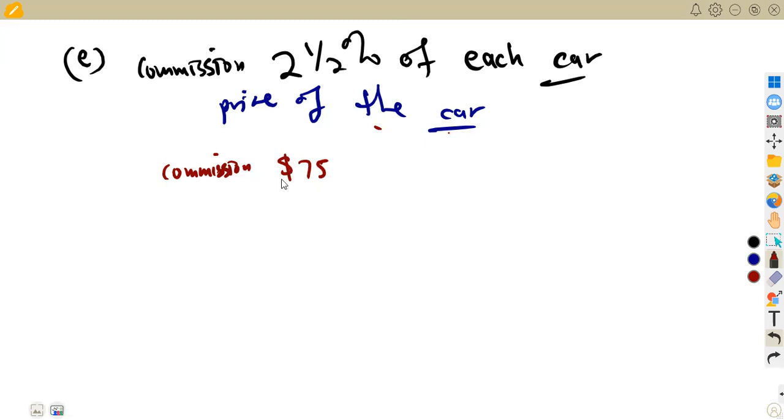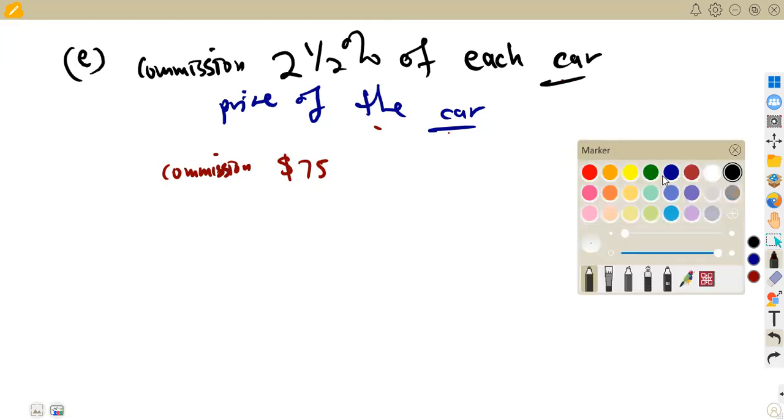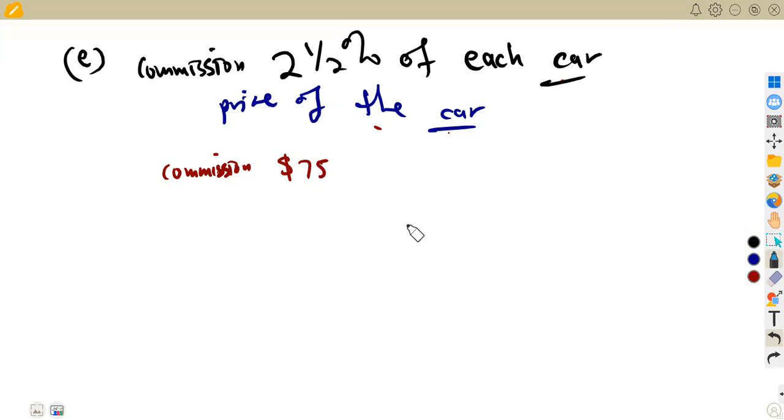Knowing that this commission was taken from a price we do not know, it's like you're simplifying an equation. 2.5% of a certain car, whose amount we do not know, we can just represent as X for the amount of that car.